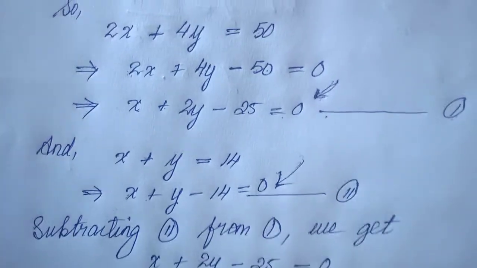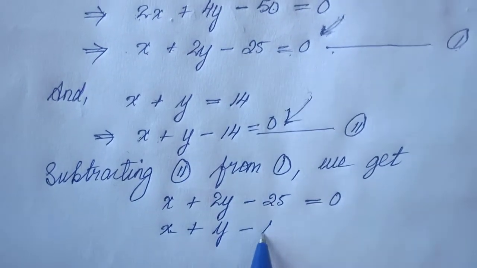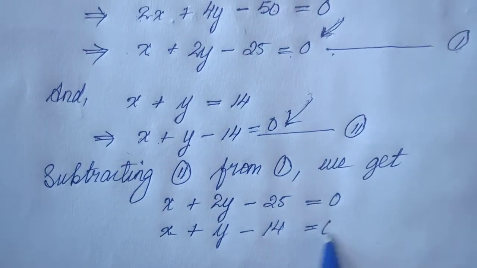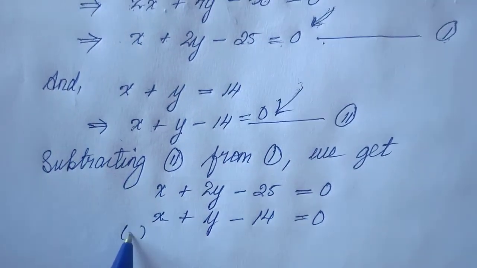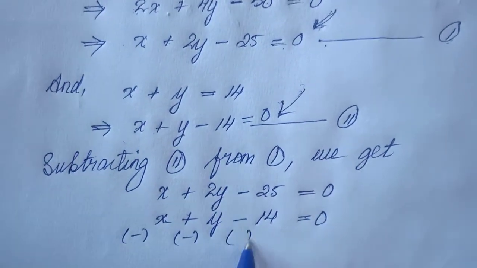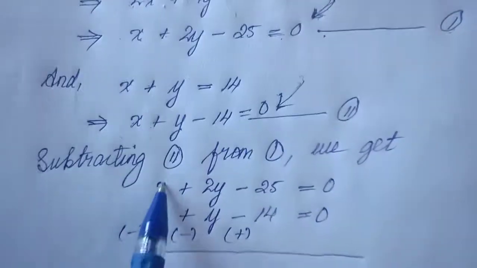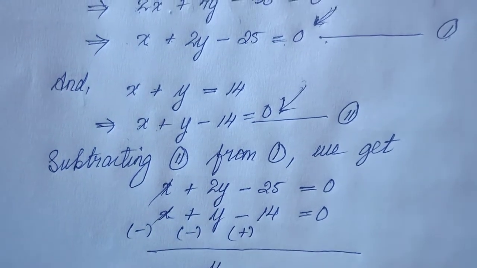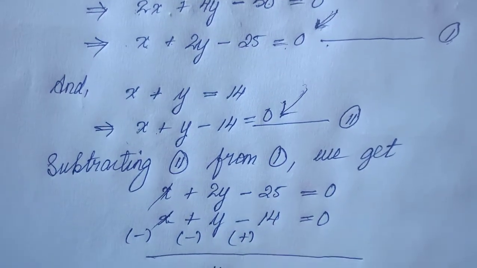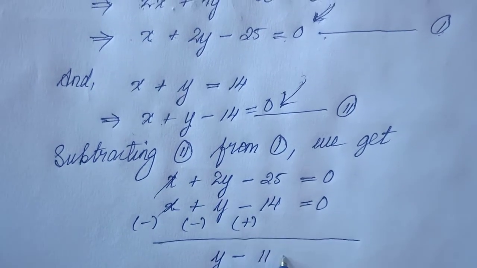Please understand, it will not make any changes here. So x plus 2y equal to 25, and x plus y equal to 14. The sign will change, minus then plus, then x and x can cancel each other. Here we will be having 2y minus y is y, minus 25 plus 14 is minus 11, equal to 0.